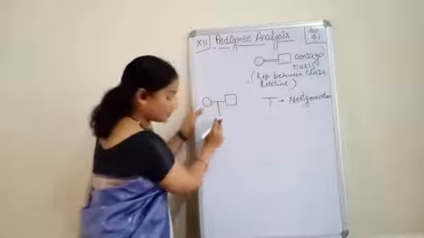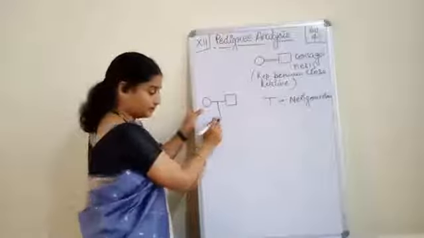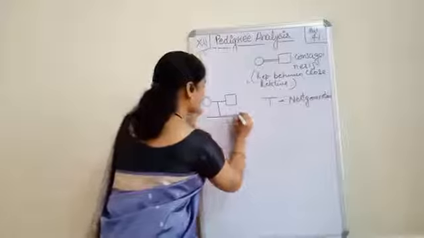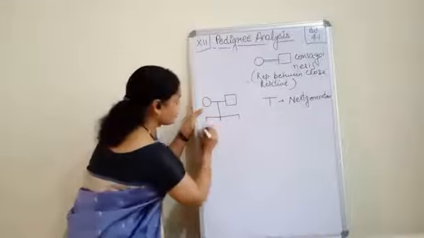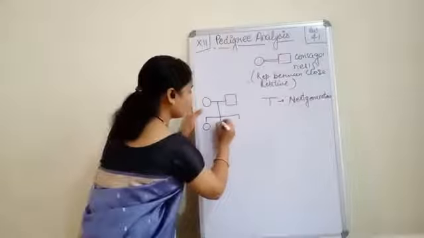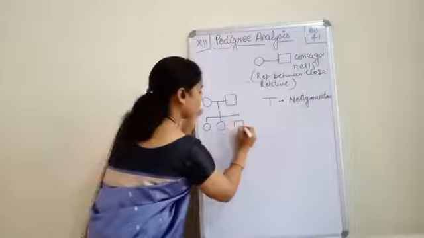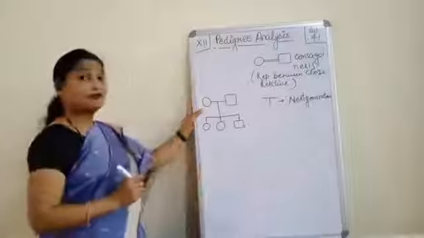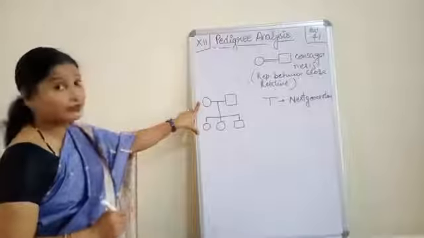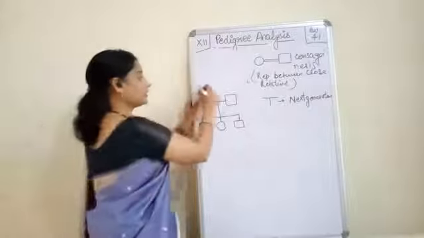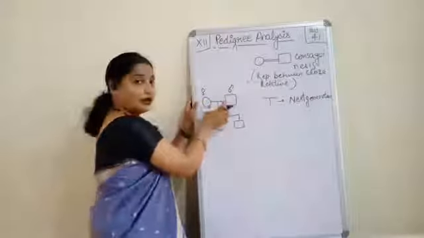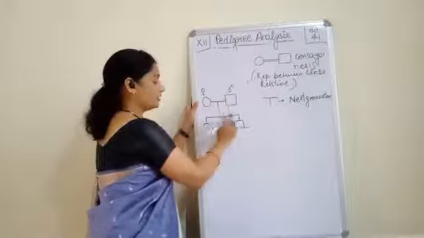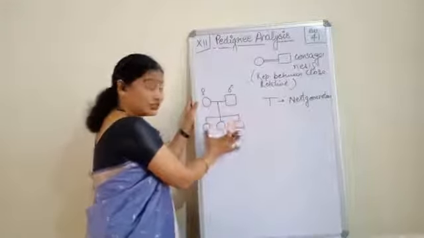Now this symbol represents the next generation, and if I draw one circle and one box, then from the figure itself it is clear that this is female, this is male, now married and they reproduce 3 children.